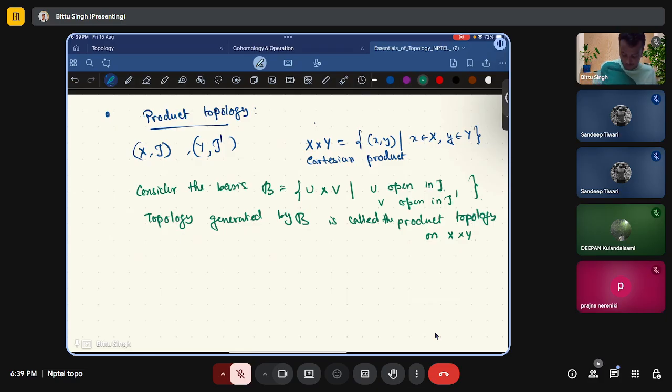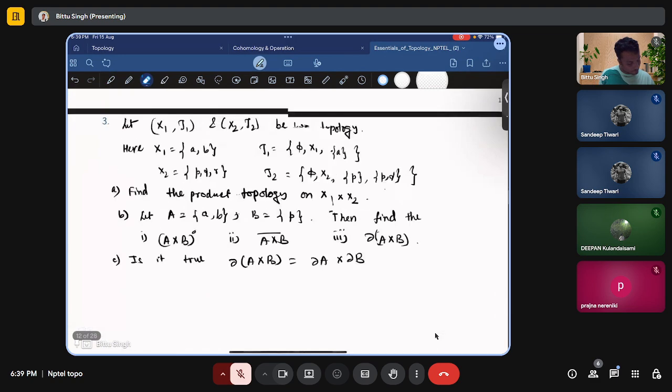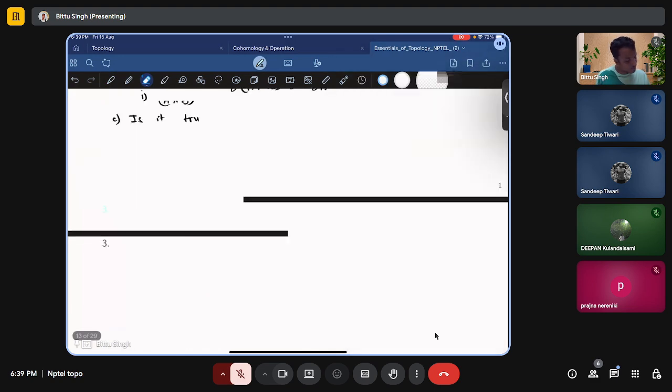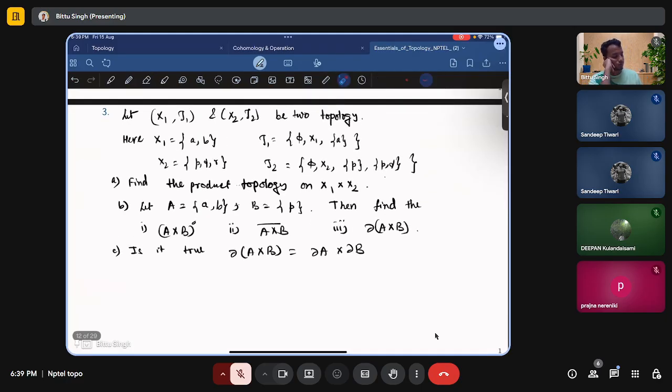So let us compute an example. Here is a question. Let us compute the product topology in this case.